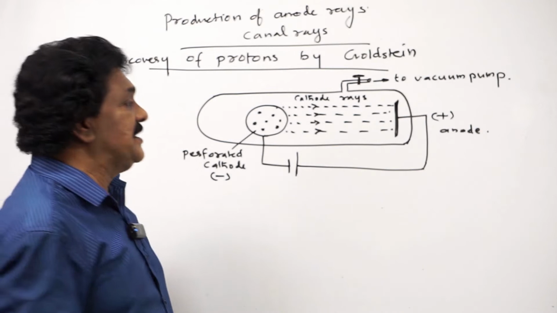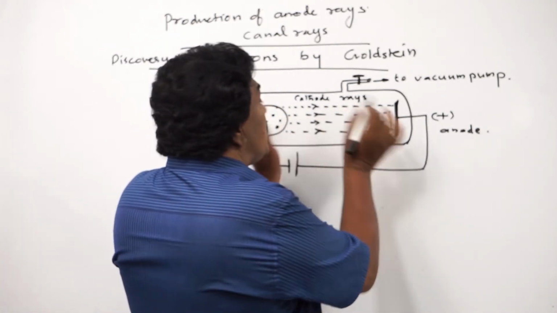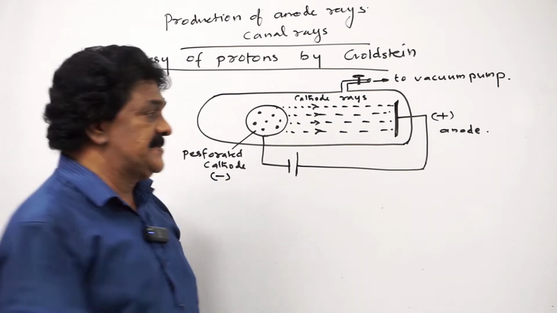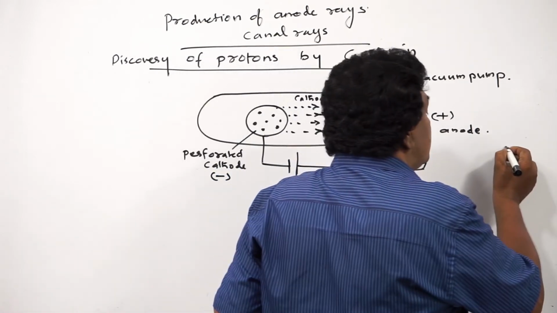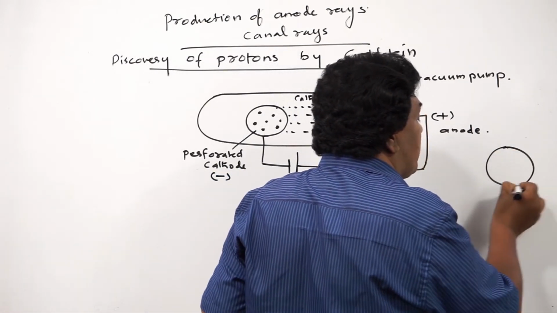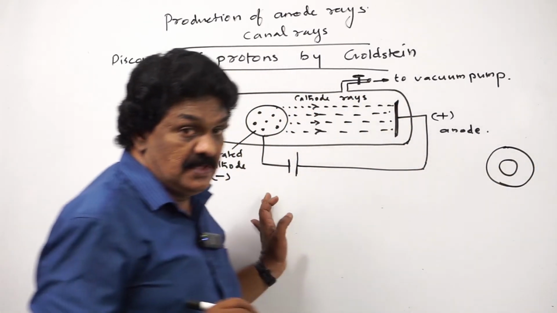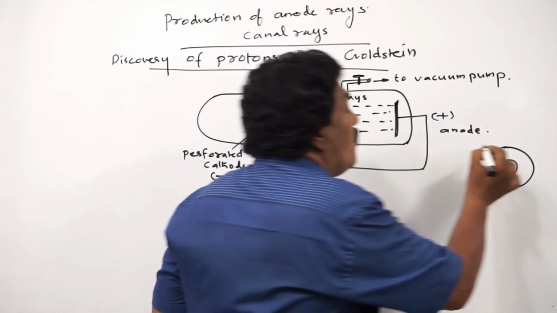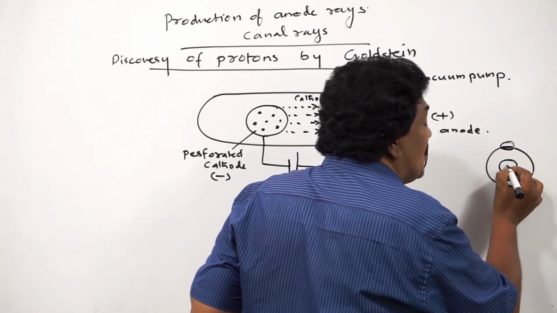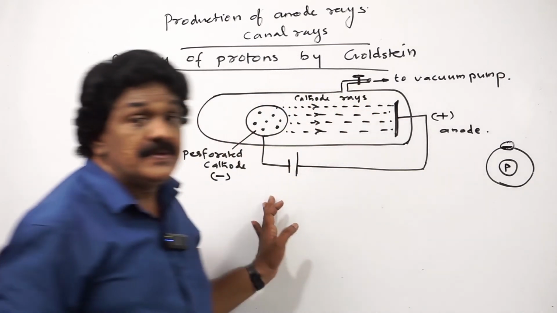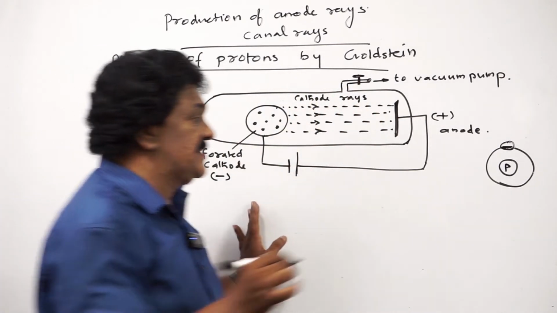I'm going to explain. You know that cathode rays contain negatively charged electrons. The electrons of the cathode ray may knock out the electron of a hydrogen atom. You know, a hydrogen atom contains one electron and one proton. It does not contain a neutron in the nucleus.